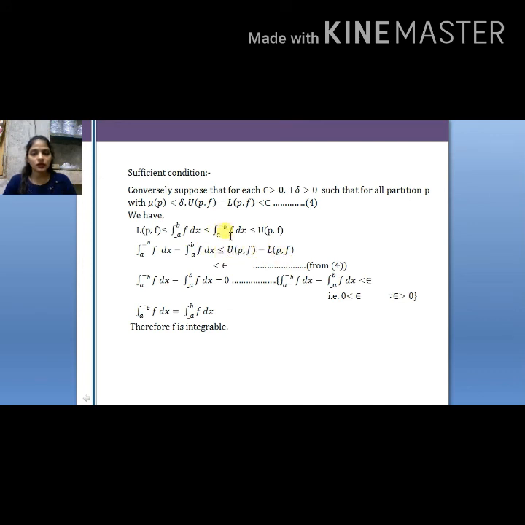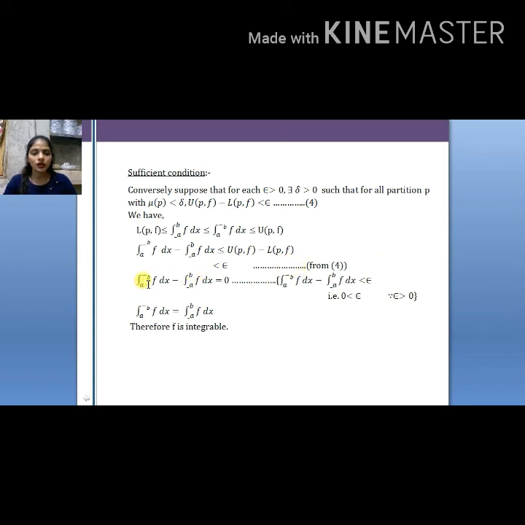And from equation 4, UPF minus LPF is strictly less than epsilon.